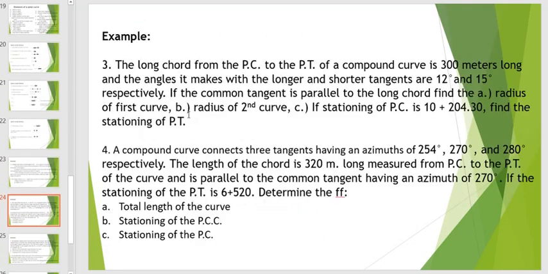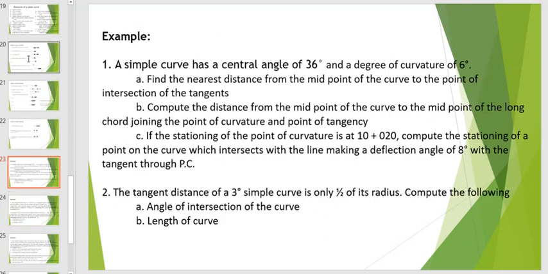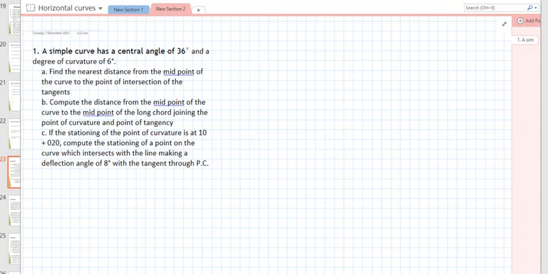So this is an example, a simple curve. A simple curve has a central angle of 36 degrees and a degree of curvature of 6 degrees. Find the nearest distance from the midpoint of the curve to the point of intersection of the tangents.